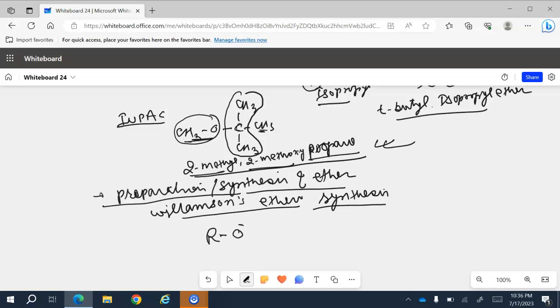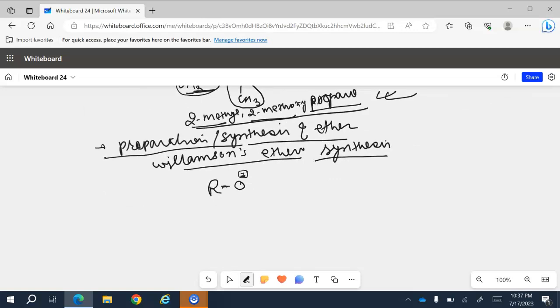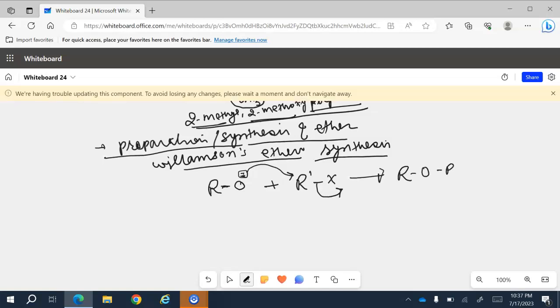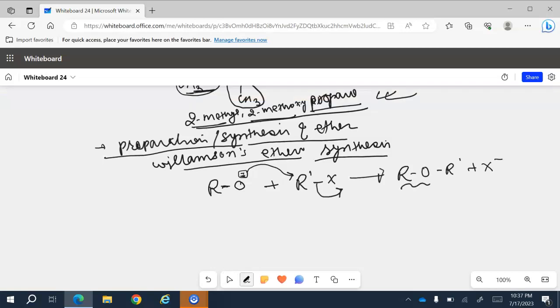This is the RO group, which we call an alkoxide, and we will discuss where this alkoxide can be obtained from. When we have the alkoxide reacting with some kind of alkyl halide, it will undergo an SN2 type of reaction. So X will be a leaving group, and we have RO and R prime, and X will leave as a leaving group. This is how we prepare ether by Williamson's ether synthesis.